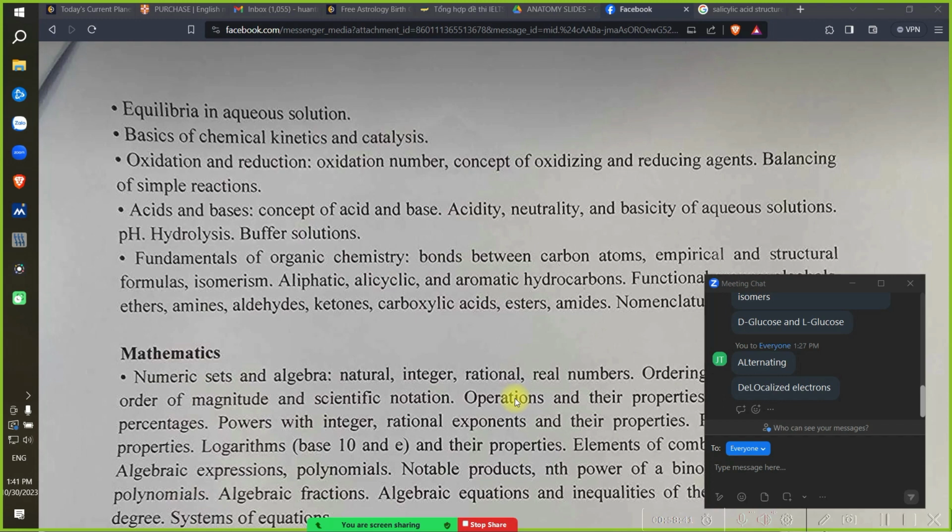The common examples of alkane are methane, ethane, propane, butane, and octane. Octane is found in petroleum, gasoline.